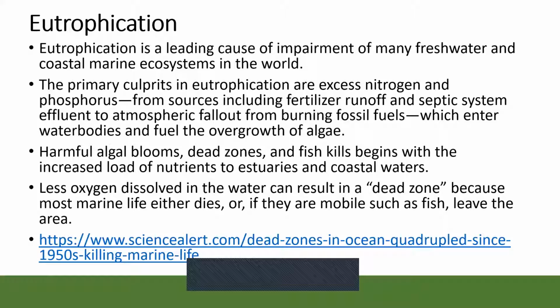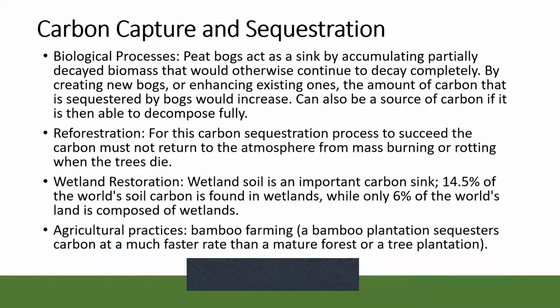Probably one of the areas that has suffered the most in the last number of years has been the Gulf of Mexico, as well as our Great Lakes system. Poor little Lake Erie is the canary in the coal mine that suffers from eutrophication.